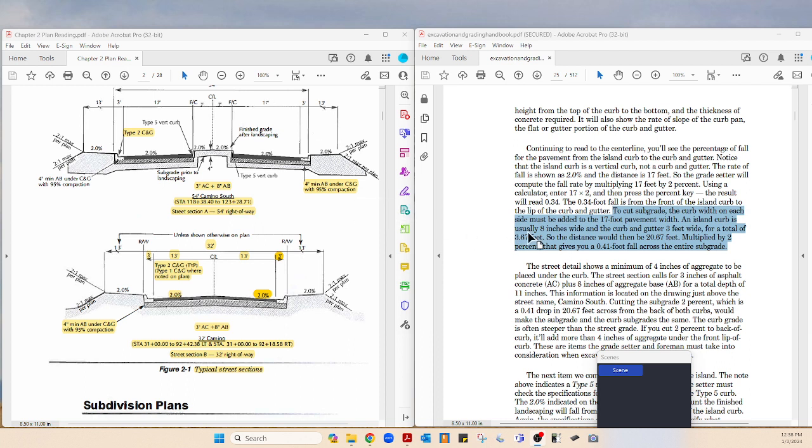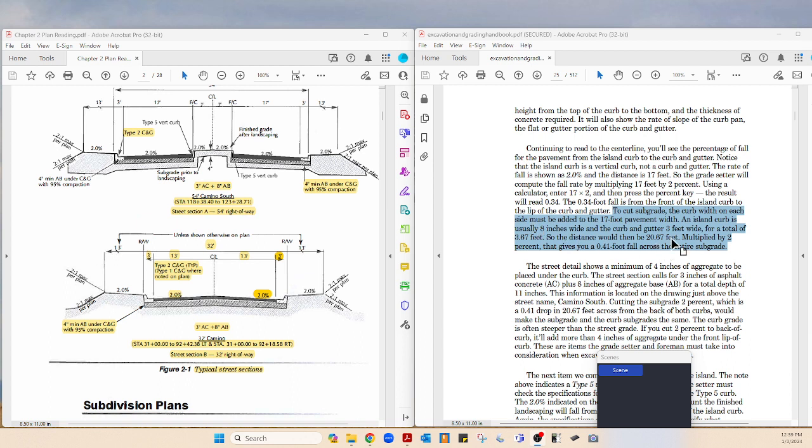An island curb is usually 8 inches. That's what the thickness is here, 8 inches on each side. So we have to add this 8 inches plus this 3 foot to accommodate the curb and still come up with pavement of 17 foot.